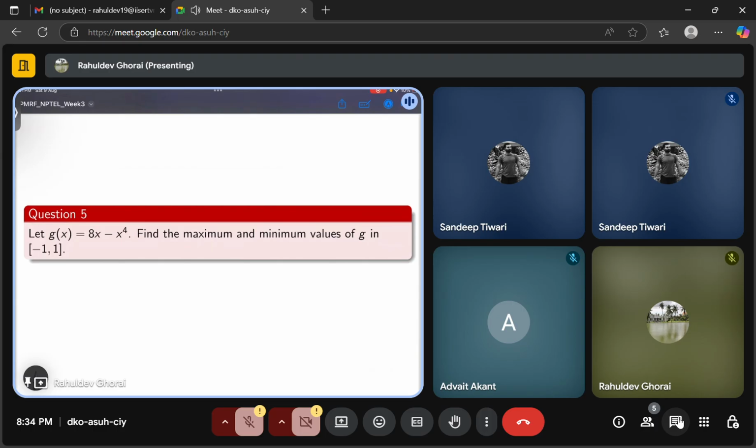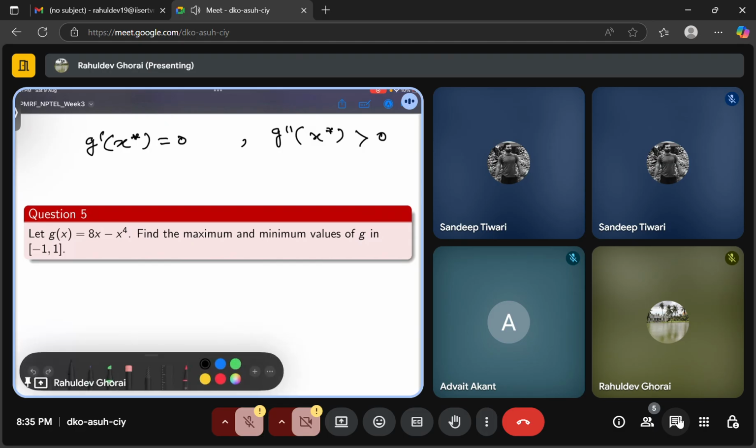So if someone forgot, g prime x has to be equal to 0, and with that, if you have g double prime x naught strictly greater than 0, then it is minima, right? And if g double prime x star is less than 0, then maxima, right? Correct. Yes, sir. Yeah, so now we find out.